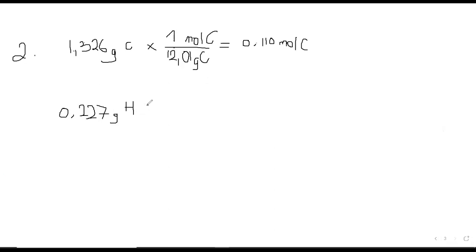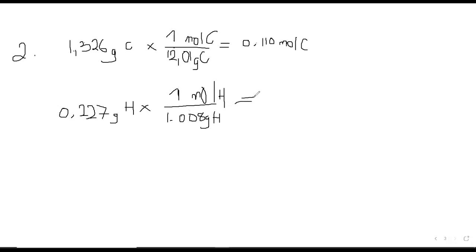We know that in every 1.008 grams of hydrogen, there is actually 1 mole of hydrogen.